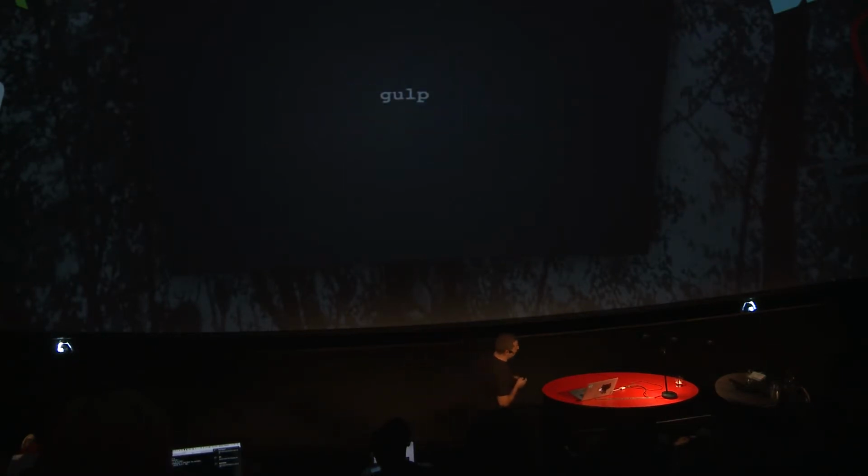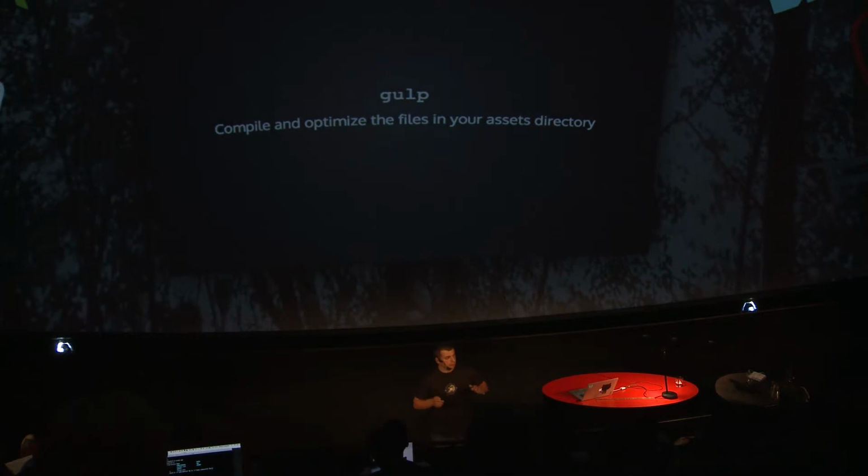So you can just install with those two commands, and after running Gulp, it will compile everything that needs to compile. It will optimize those images that I was talking about, 2.4 kilobytes or whatever, and you can use that one.